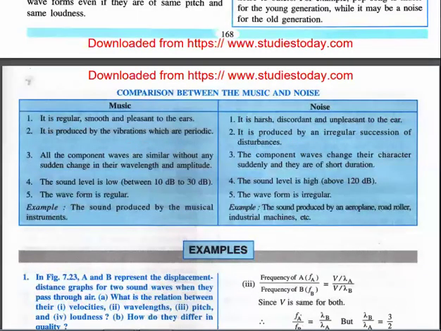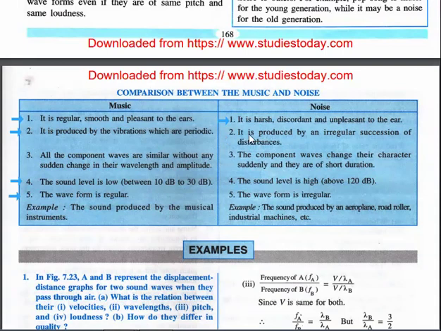This is the one which is important. I'll just mark it for you. So first thing is, music is regular, smooth, pleasant to the ears. It is produced by the vibrations which are periodic. The sound level is low, the waveform is regular. Then noise is harsh, discordant, and unpleasant to ears.